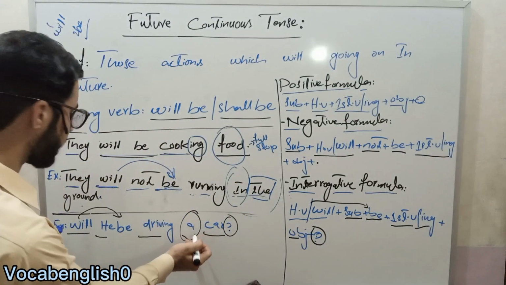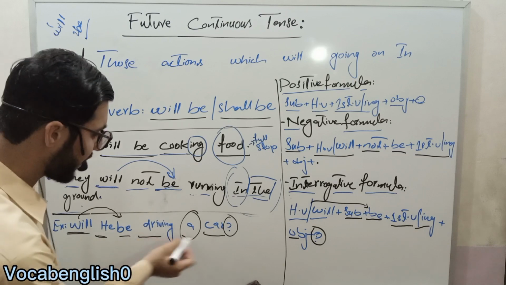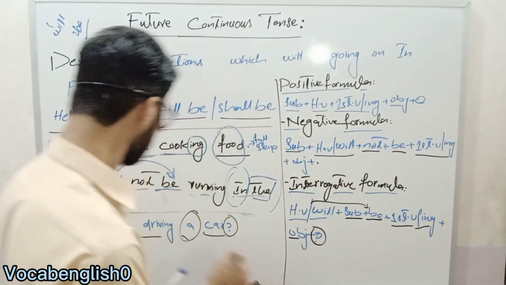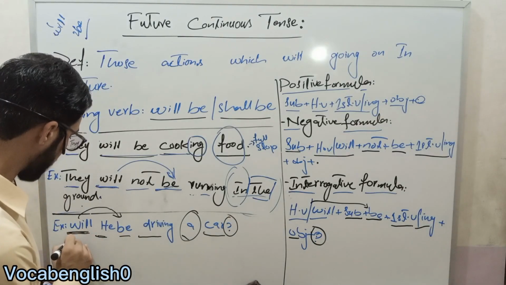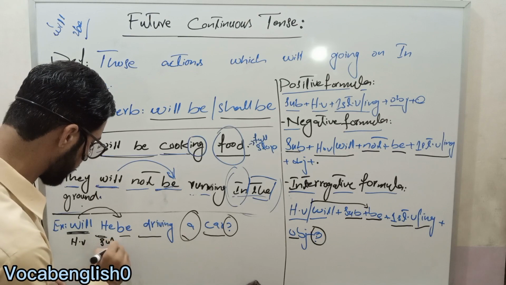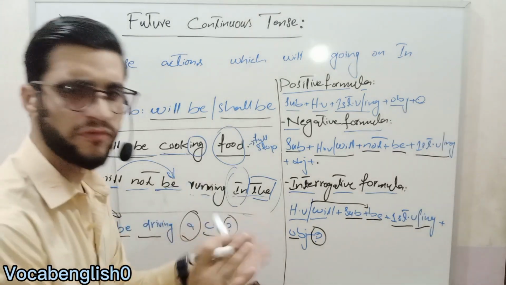So the interrogative example is: will he be driving a car? Will he be driving a car? Will is our helping verb. Then subject is present, and be is attached with will.